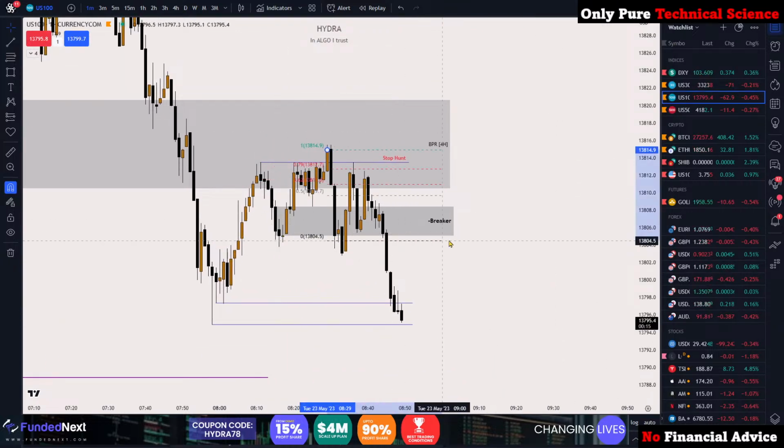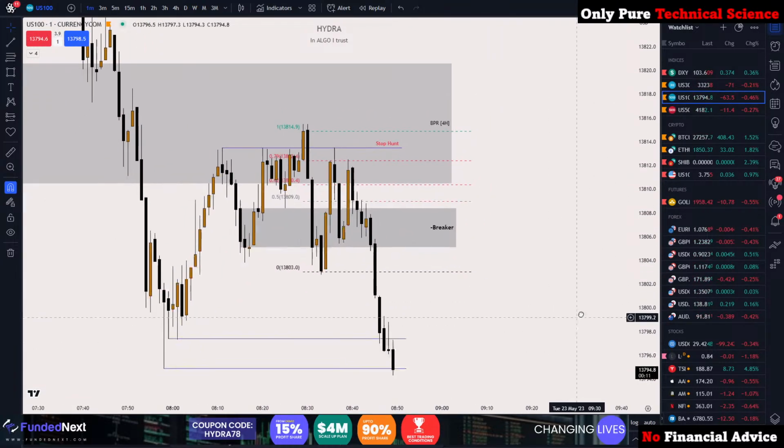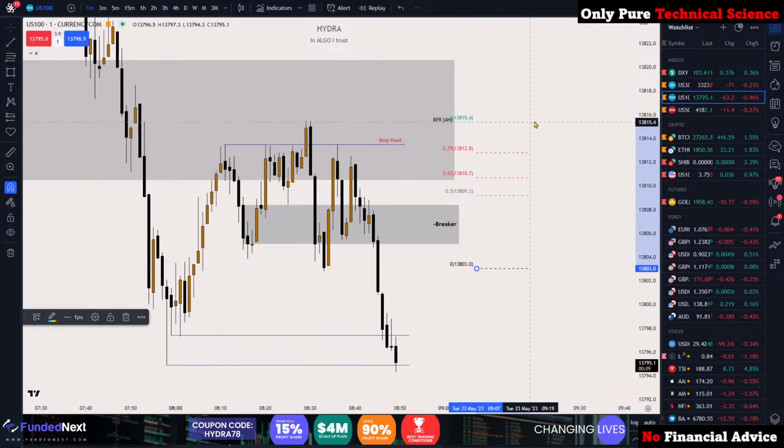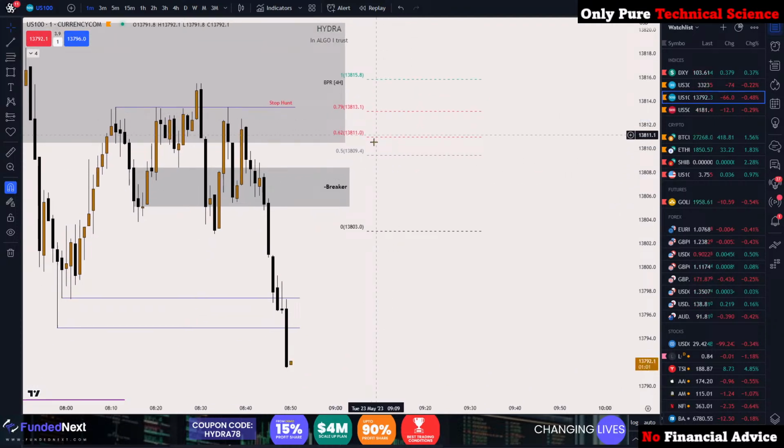That's a good question. I use it just like ICT teaches us. We don't consider a certain level as the optimal trade entry level. Both of these are our optimal trade entry. It's an optimal trade entry zone, just like a fair value gap. 0.62, 0.79, that's our zone.